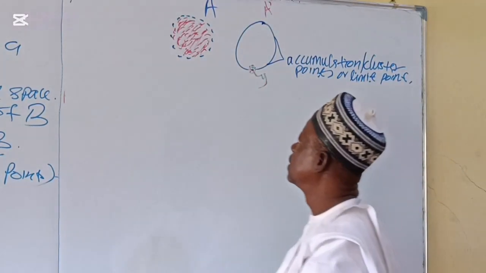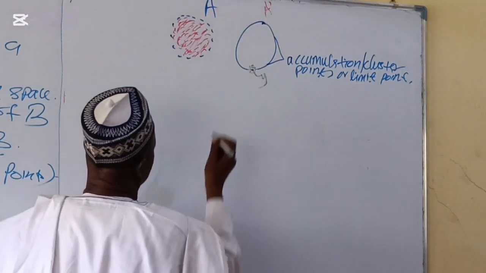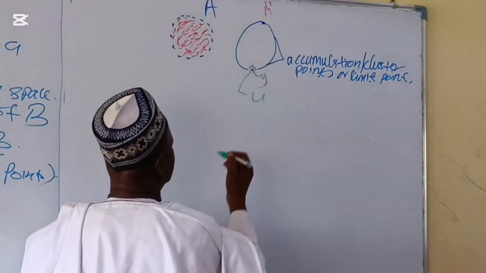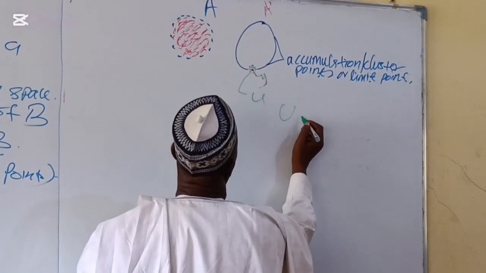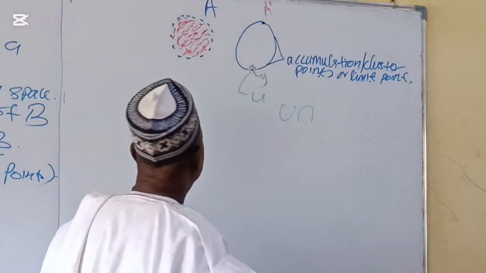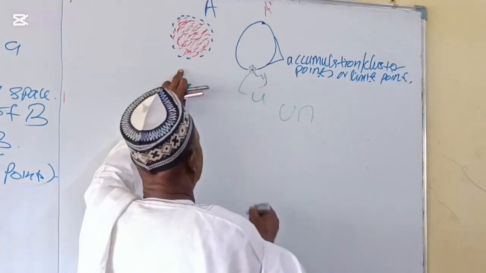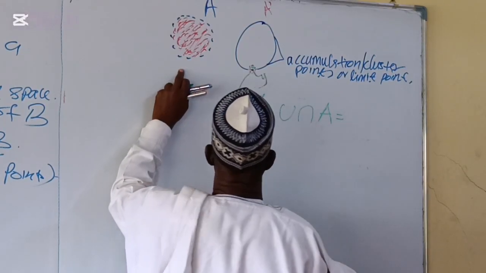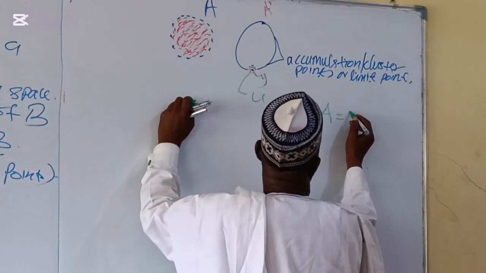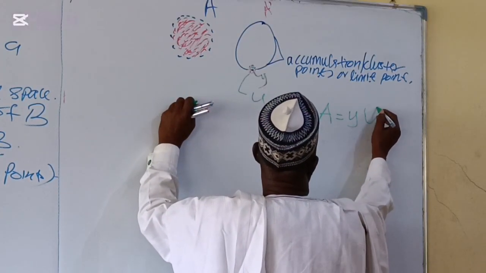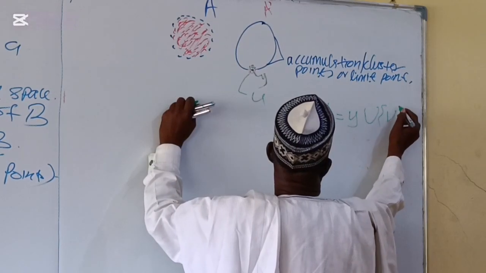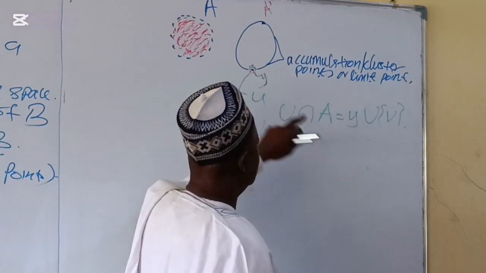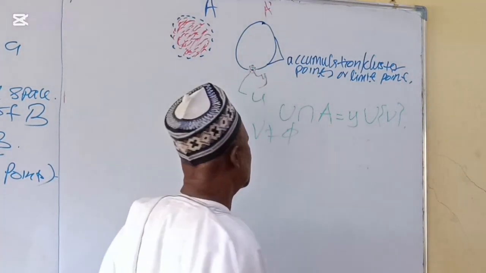So supposing this is my open set, I call it U. Then it means U intersection the set A contains Y, and also contains some other points. Apart from Y, it also contains some points.